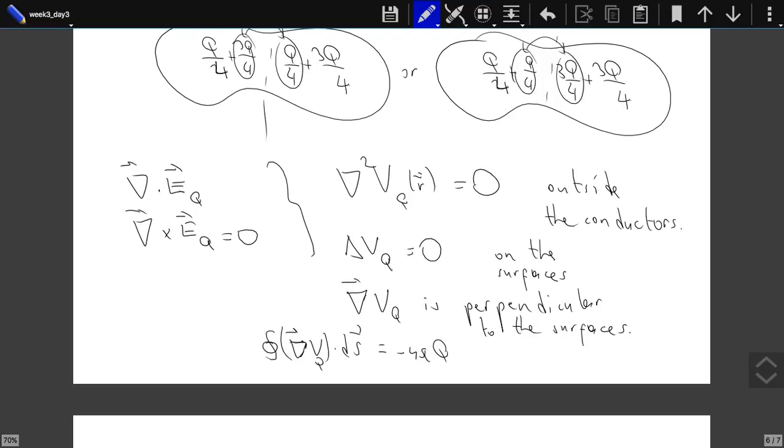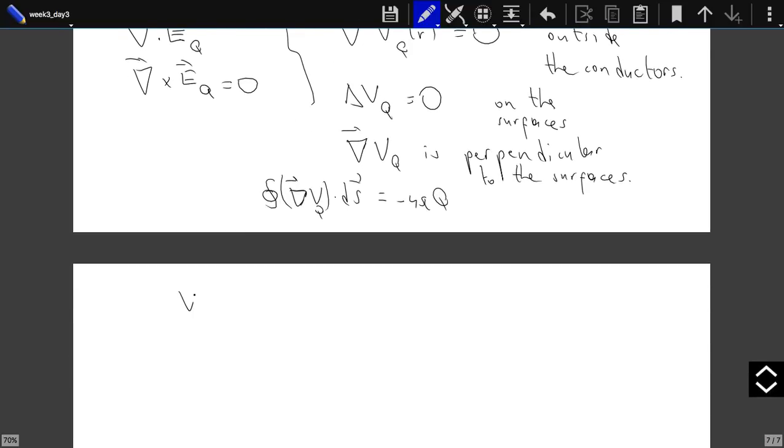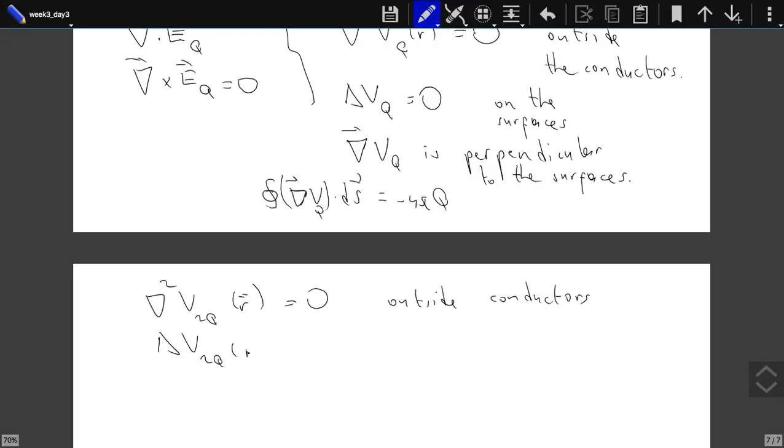Now, when we look at V of twice Q, we add this additional charge. It should satisfy the Laplacian outside conductors. Delta V of 2Q, the discontinuity should be 0 on the surface.